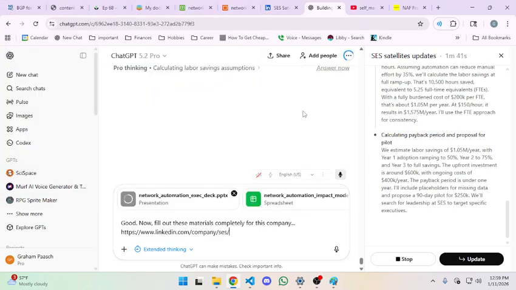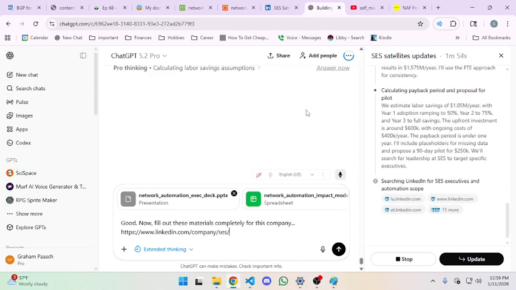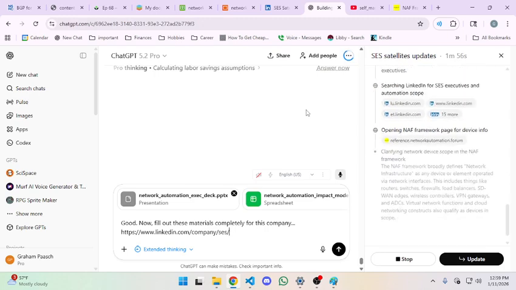Okay, so I'll wait for it to think about that, and then I'll have it fill out the materials there. Hopefully that's good enough. I doubt it.